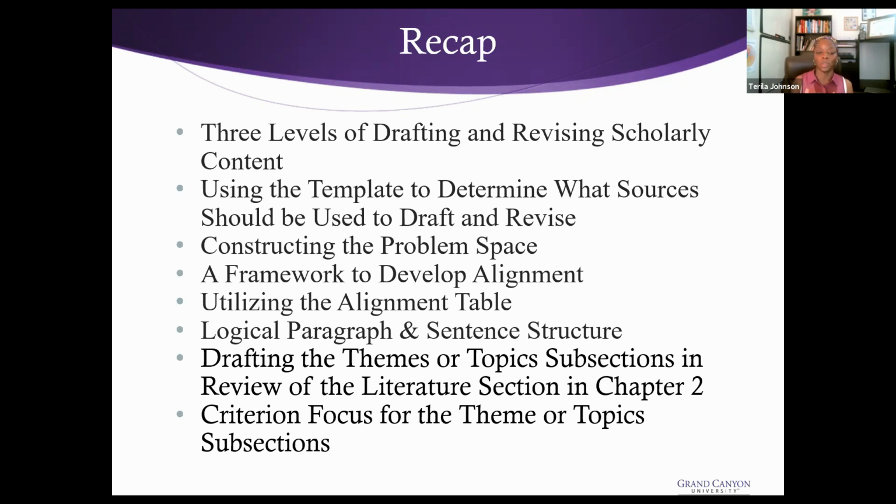Then we talked about some ways to logically put paragraphs and sentences together. And then I gave you an approach to actually get a draft of your chapter 2 down. Now, not only does this work in drafting, it also works in revising. I think I might have told this story in a previous webinar, but I discovered this after I had gotten a good chunk of my review of the literature done.